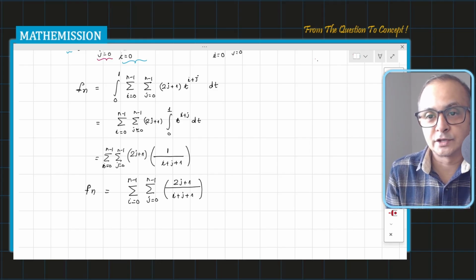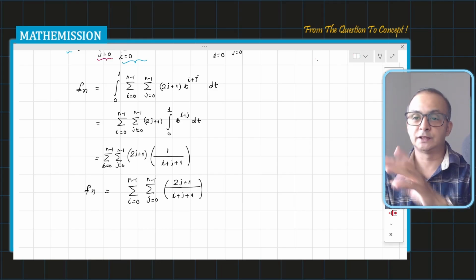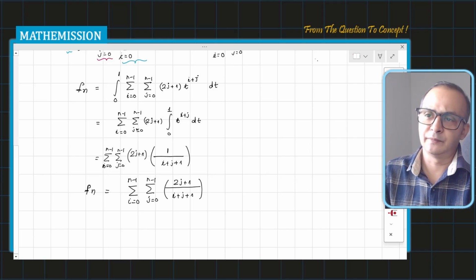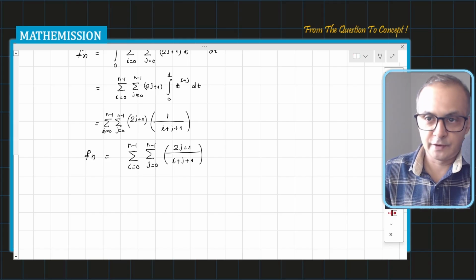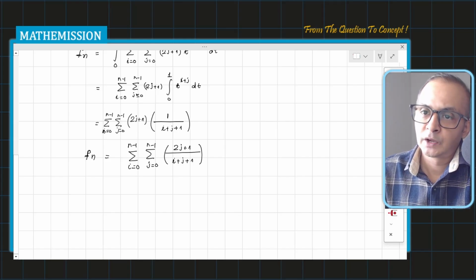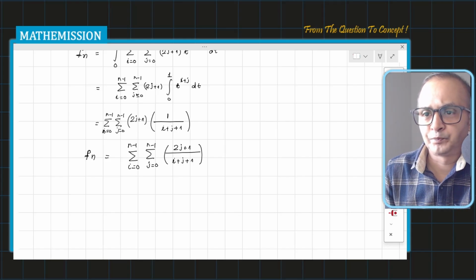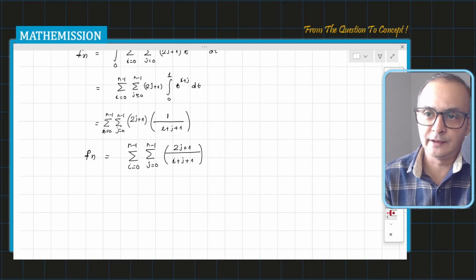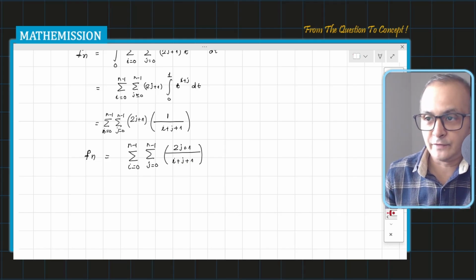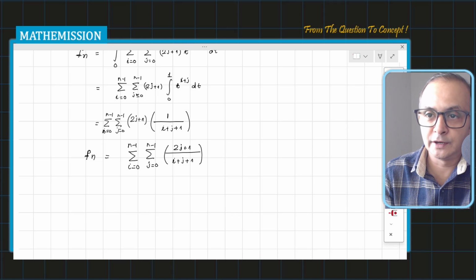Now the integration is out of the scene. We are now playing with the double summation, and many students know how to deal with this kind of situation whenever we have double summations. So see here what is happening. In the denominator we have i plus j plus 1. So if you swap the j and i, it will not affect it. It means it will not give you any trouble.